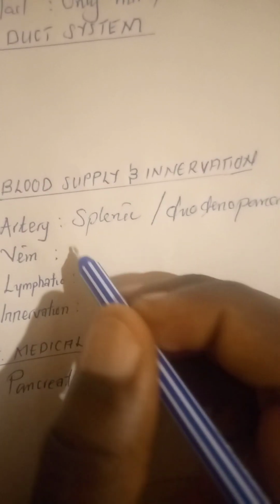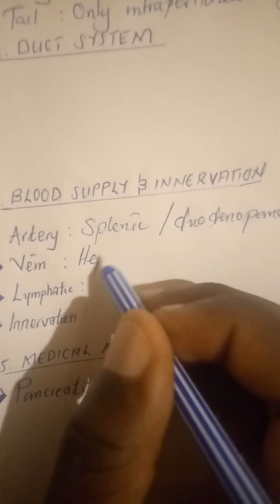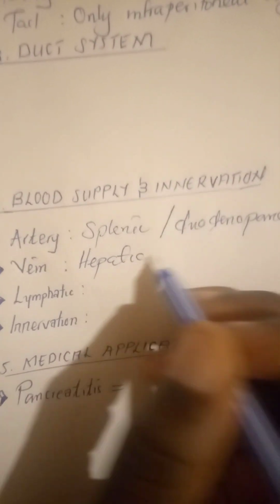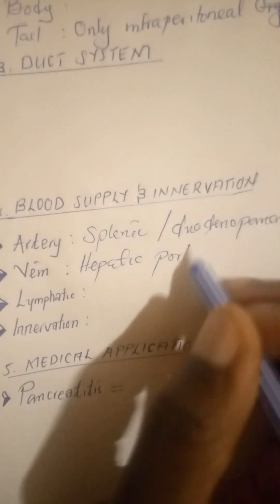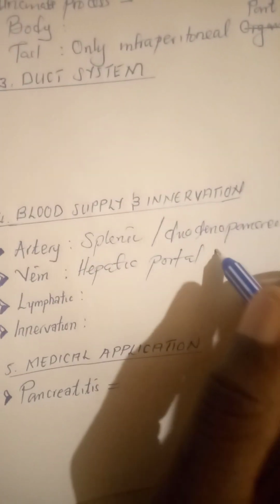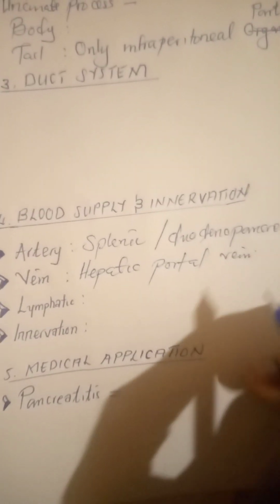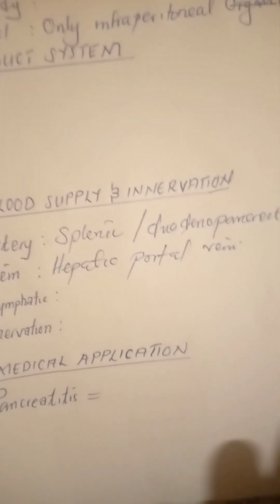In terms of venous drainage, we have the hepatic portal vein, which drains the pancreas.